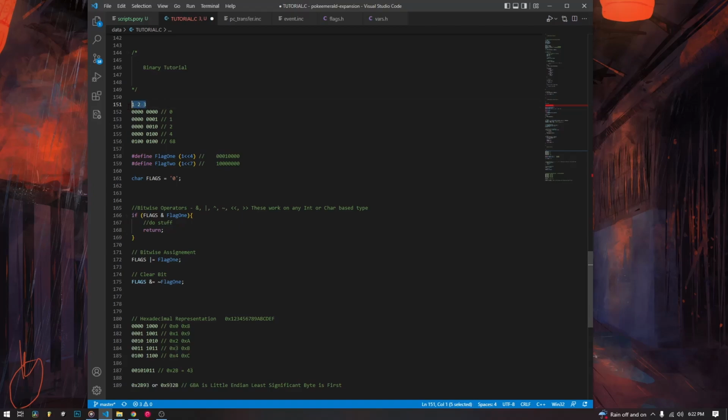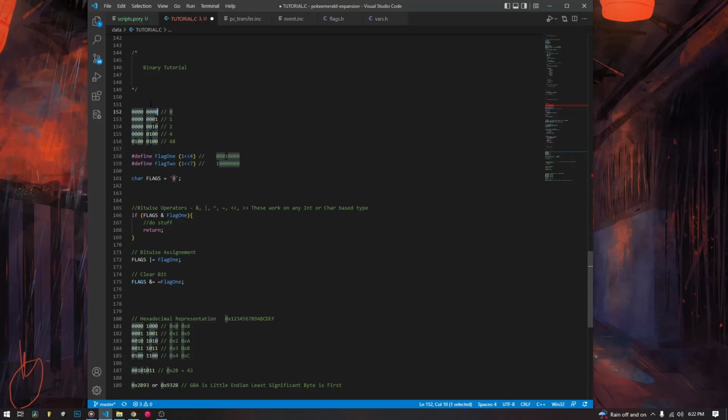Binary works in exactly the same way, but it's based on the number 2. So instead of having 0, 1, 2, 3, 4, all of those numbers up to 10 inside of the place, instead of being able to choose any of those values, we can only choose 0 and 1, because when we get to 2, it now goes over to the next place, because this is 2 to the 0th. 2 to the 0th, it's either on or off.